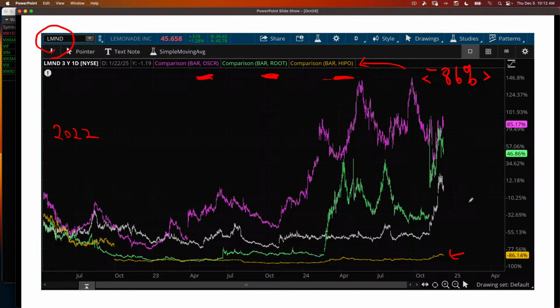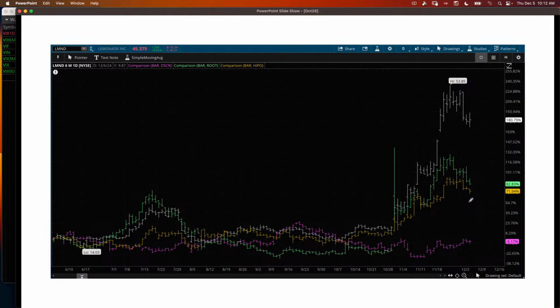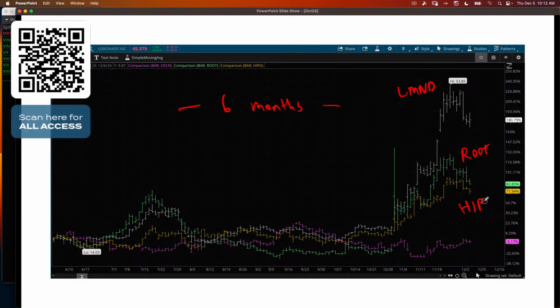The next chart shows you the performance of these stocks over the last 6 months. Just in 6 months. And we have Lemonade, which is ridiculously expensive. We have Root. Here is your Hippo.